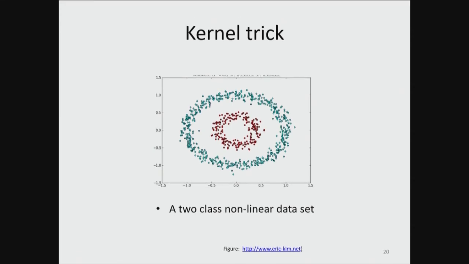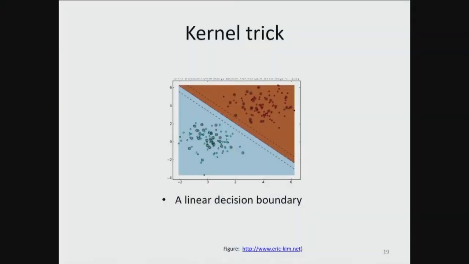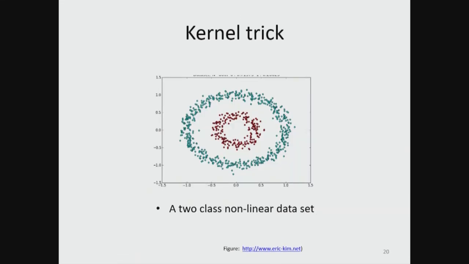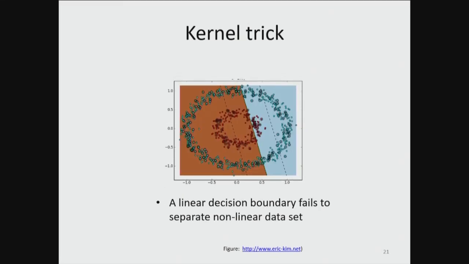Here is the difference in the data. One of the main features of this data is that it is not linearly separable. If we compare with the previous one, it is very clear that we could have a number of straight lines to separate the data, and in this case it does not work, and if you try you will only get a linear line like this.